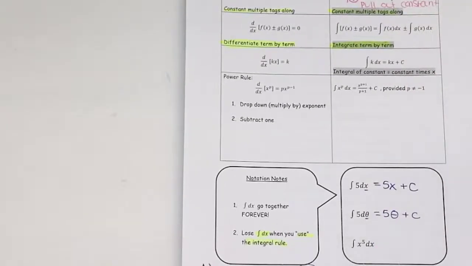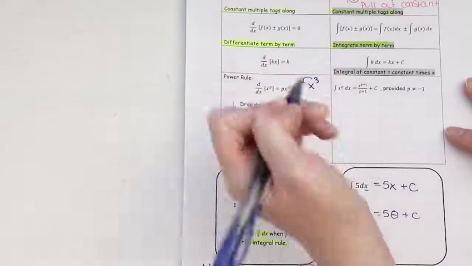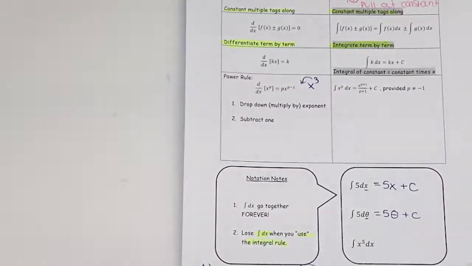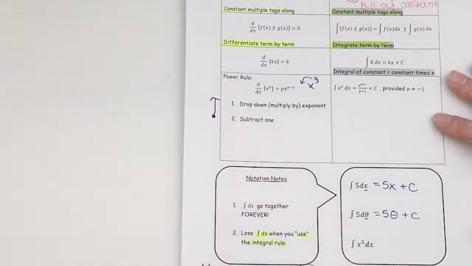Now, our next big rule that we're going to use over and over again is going to be our power rule. So our power rule, again, was like if you had x cubed, you drop it down, subtract 1. Now, with antiderivatives, we're trying to go backwards. So we're going to have to start with the last step and go backwards from that last step.